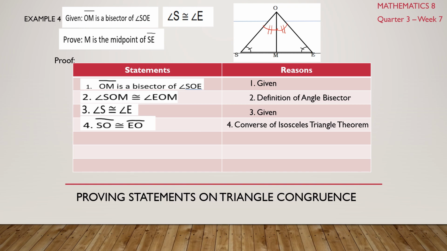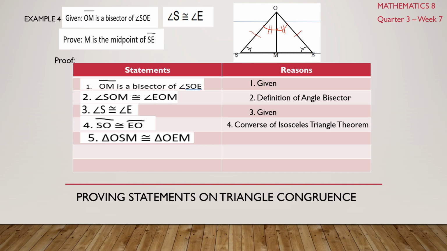Side SO is congruent to side EO. So, we have now three corresponding congruent parts of the two triangles: triangle OSM and triangle OEM. Pwede na natin masabi na these two triangles are congruent.